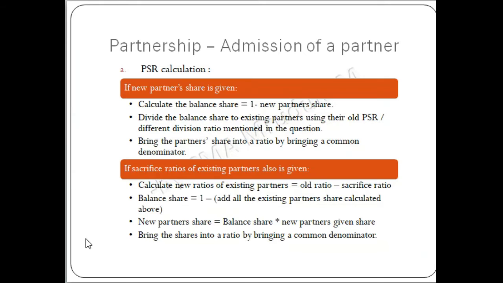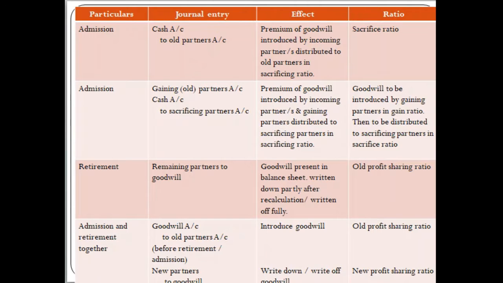So far, we have seen a case where the existing partners are sacrificing a part of their profit sharing ratio. There could be a case where partners are gaining as well. Now, in such a case, the new partner, along with the existing partners who are gaining, may come up to introduce premium of goodwill.